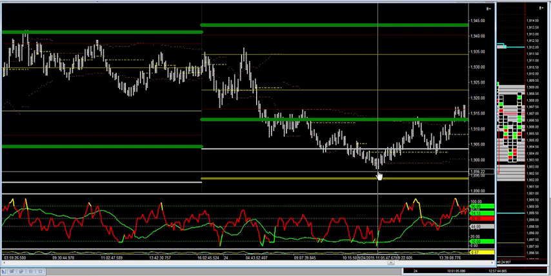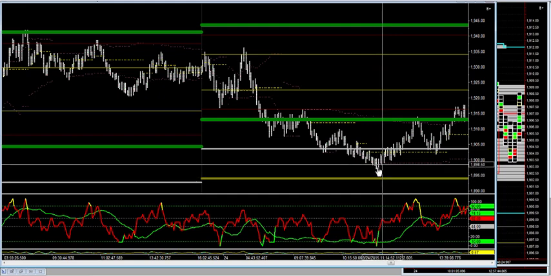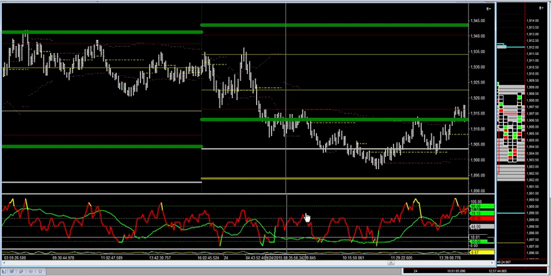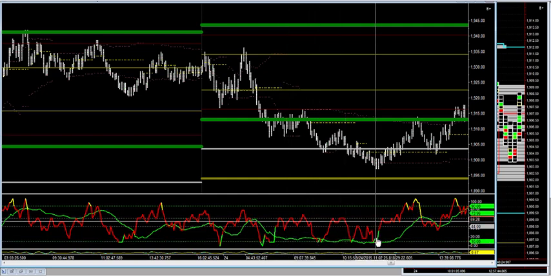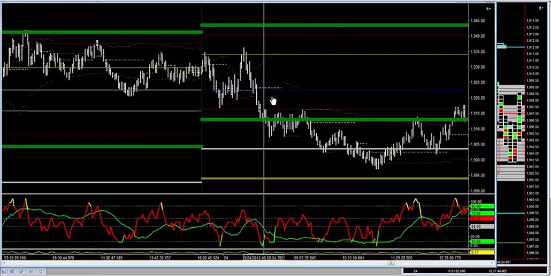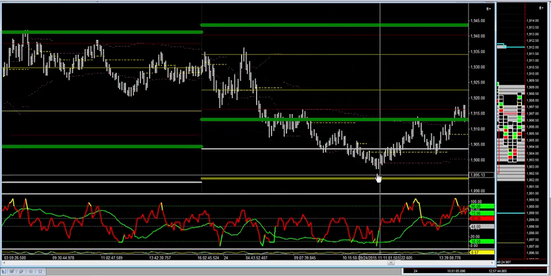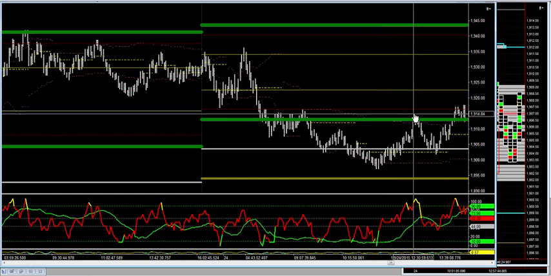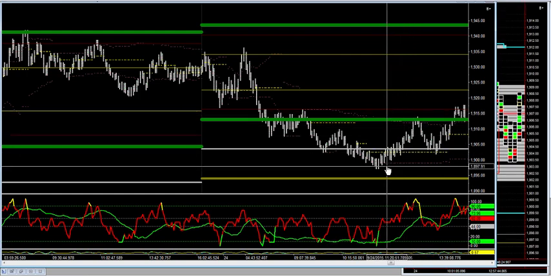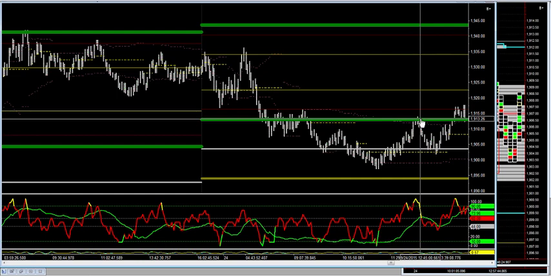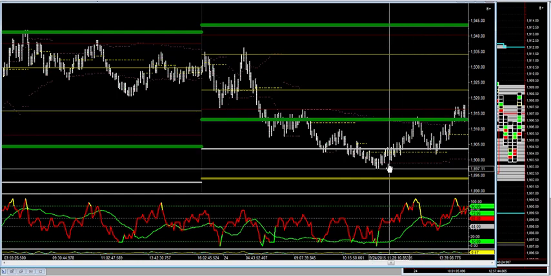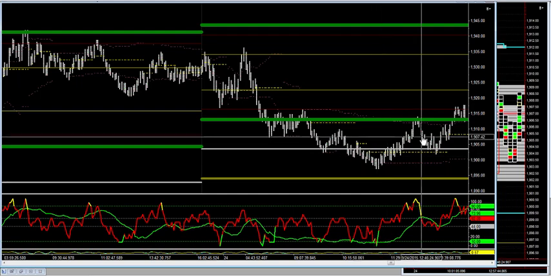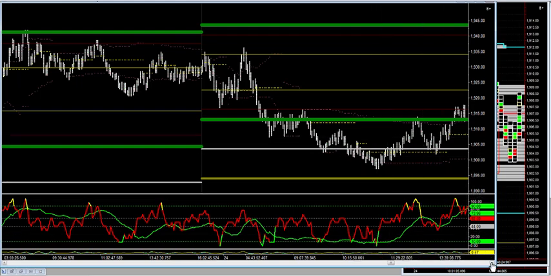You should get something in options because after 1, 2, 3, 4 attempts, it will end at a very strong yellow level. 10 points up. How much is this? 15, 20, 19, like around 20 points. Let's say you got 15 points from here. Not bad. In an hour and a half.